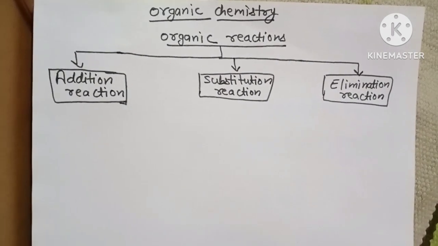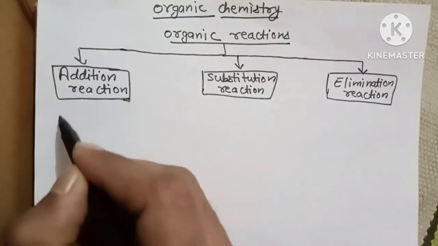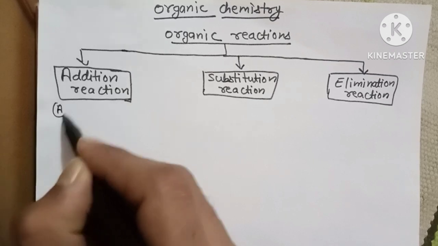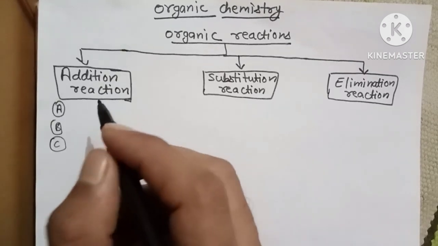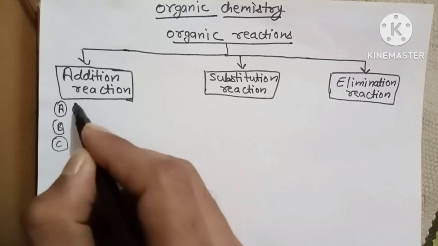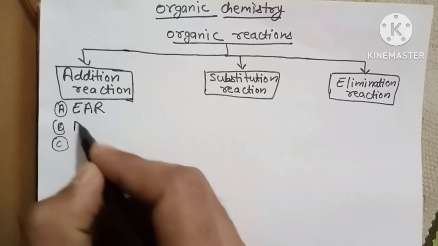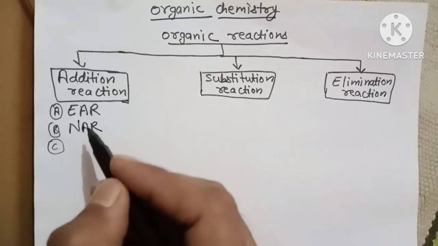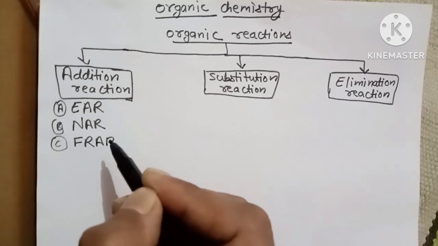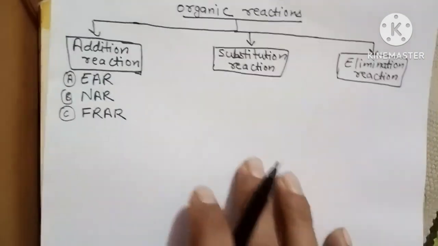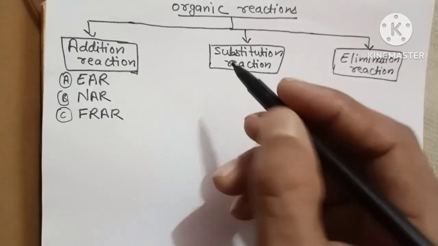Now from here we can see that addition reaction is of three types, A, B and C: electrophilic addition reaction, then nucleophilic addition reaction, and then last FRAR, that is free radical addition reaction. So we have to go through these three types of mechanisms, and next one is substitution.